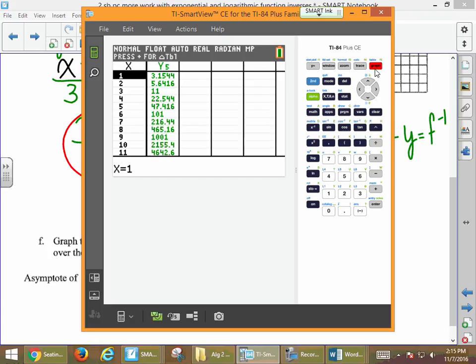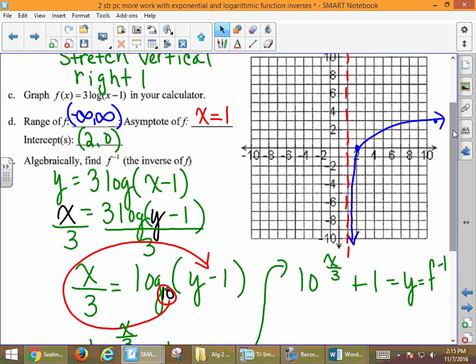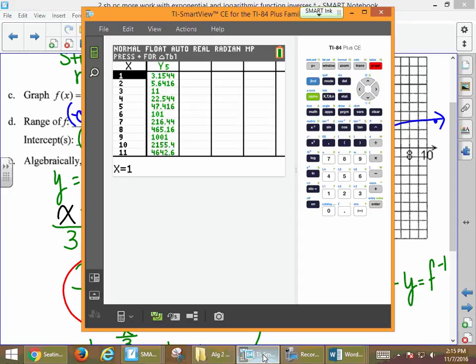And remember what we just did. We just found the inverse. So on our blue graph, we have the point 2, 0. So even though I can't see it on my table right now, we can have 0, 2, because we switched the x and the y. One of the values that I can see right now is this 3. So there's the 0, 2. But we also have 3, 11, which we had as 11, 3 in our blue function.